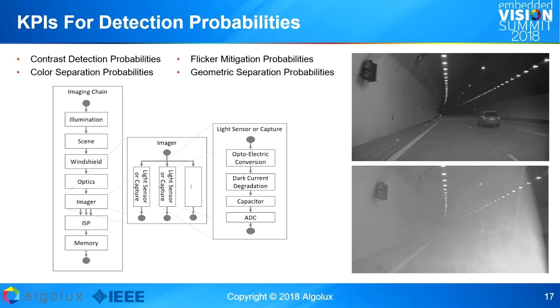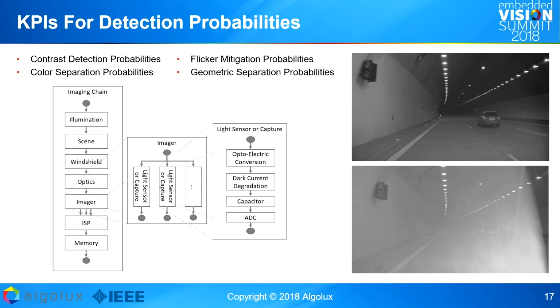So we have local contrast gradients, which measure the local contrast and quantify that. Color separation metrics, so basically how well you can separate clusters, different measurements according to color. Flicker mitigation probabilities, and geometric separation, so overlap, and other geometric metrics which are introduced.